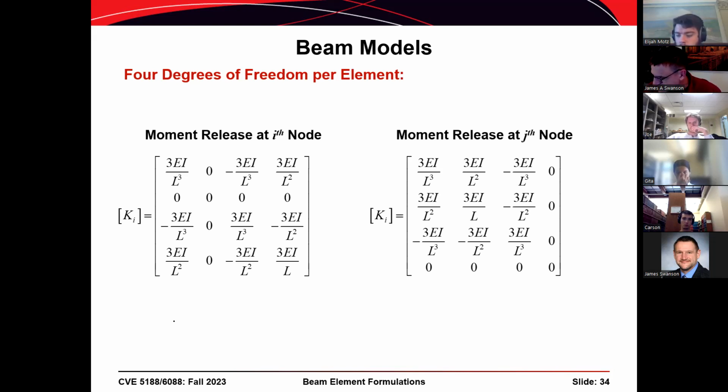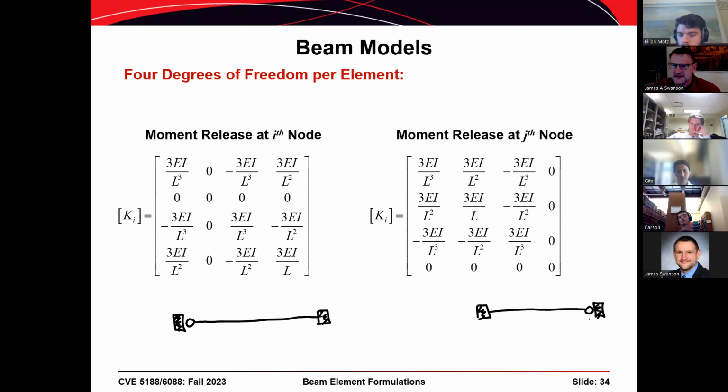Okay. So we would do this where we have a node at the left end, then we have a pin, and then we have our member, and then we have a node at the right end. And over here, if we did the same thing, we would have a node, we would have our member, then we would have a pin, and then we would have our other node.